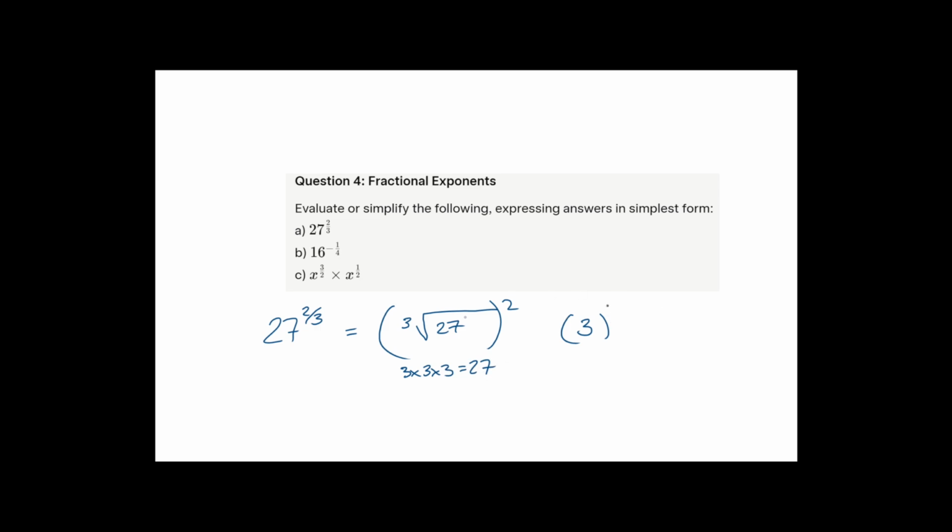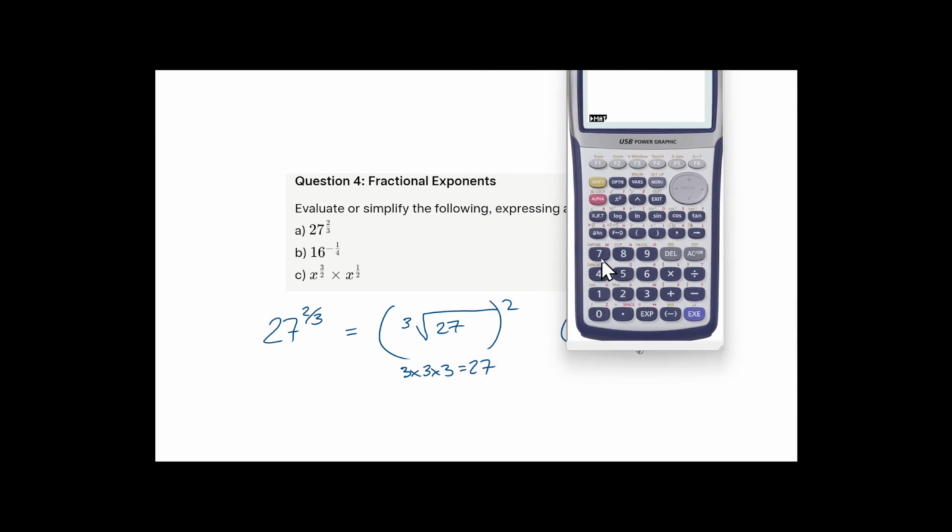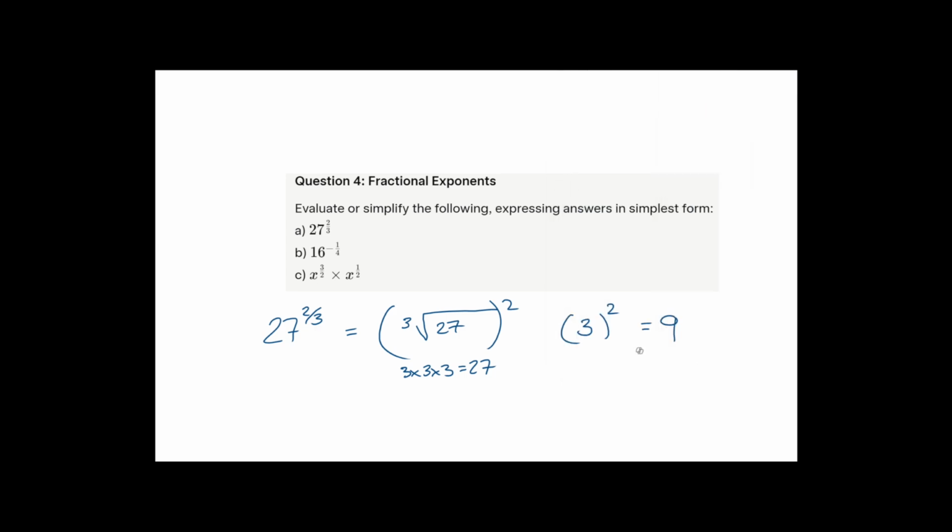And then we want to square that, and we get 9. And let's grab our calculators just to make doubly sure. So 27 to the power of 2 over 3 is 9. So far, so good.